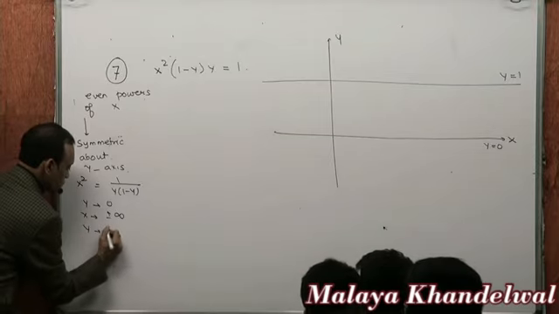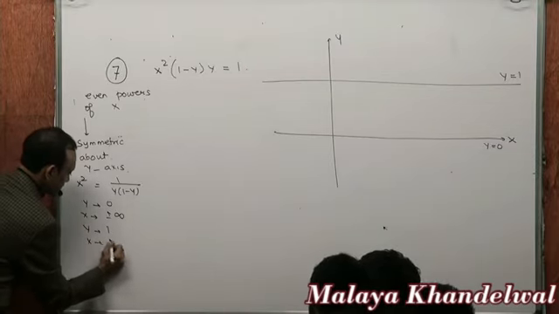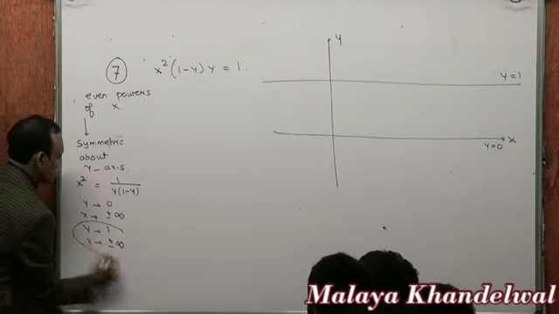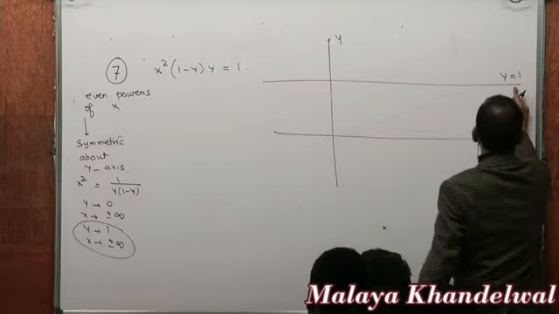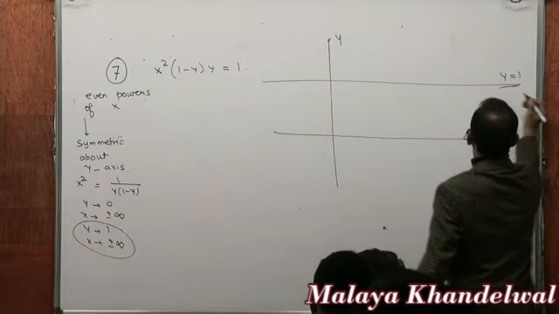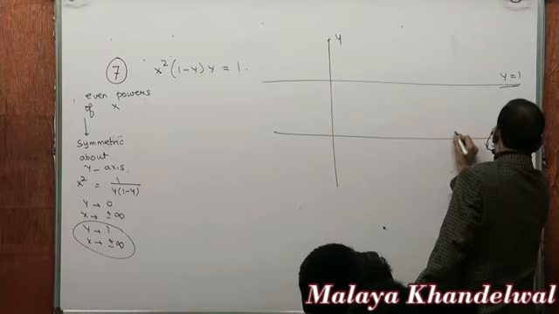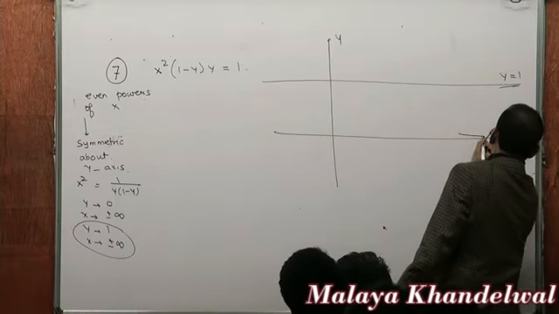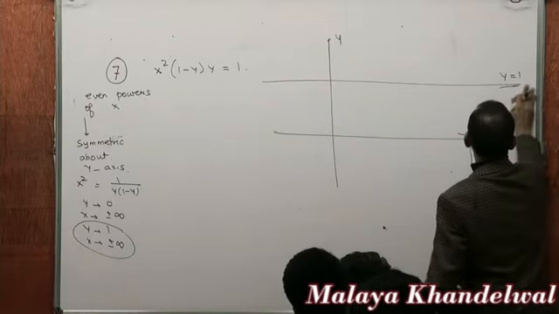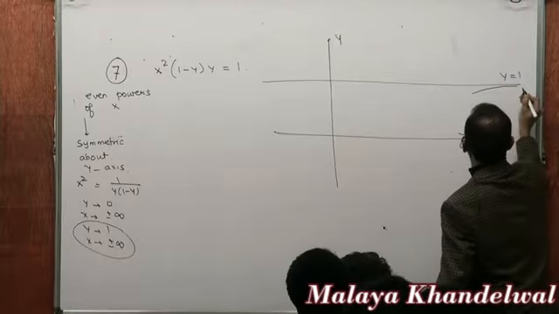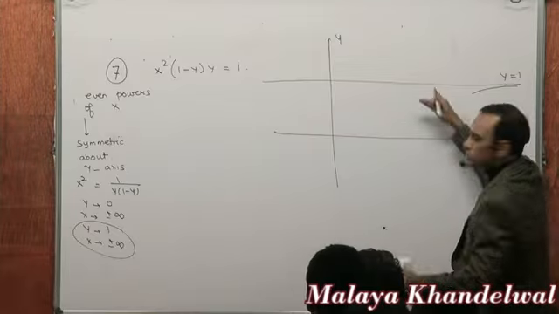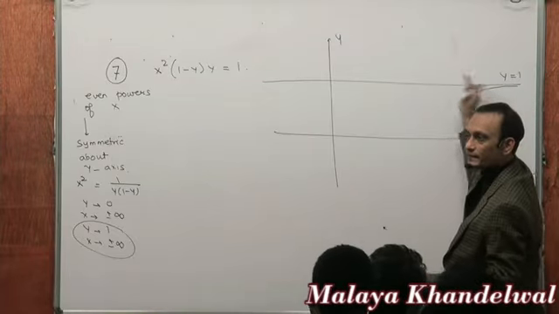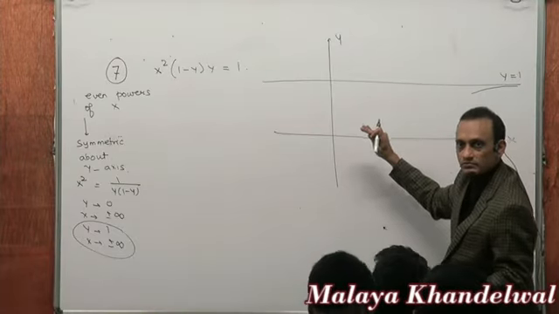As y tends to 1, x tends to plus minus infinity? Yes or no? So I know I'll half cook the whole thing, and so it must look something like this, converging this way, right? Yes or no?